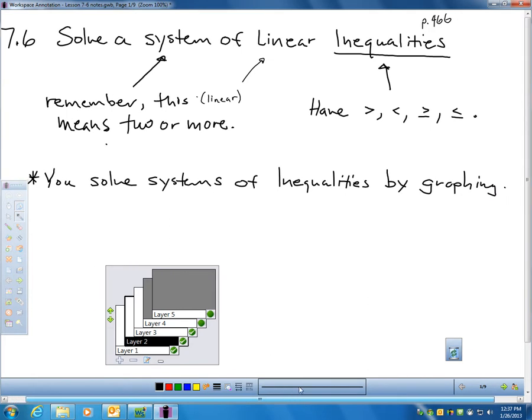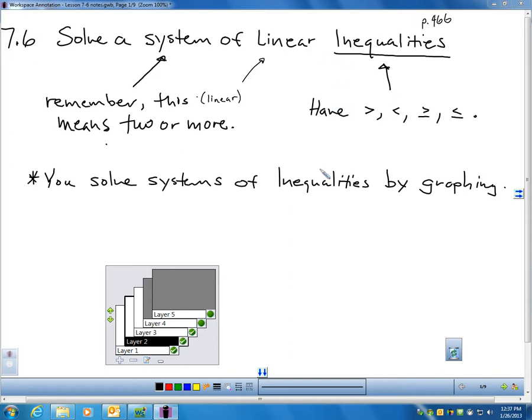Now, this might be disappointing, but I just got to be honest with you. The only way you can solve a system of inequalities is by graphing. Okay, elimination or substitution, which I am 100% positive you probably like a heck of a lot better than the graphing method, and I would agree with you, I do too. But when it comes down to inequalities, elimination and substitution won't work, because elimination and substitution will only find the one point where the lines intersect.